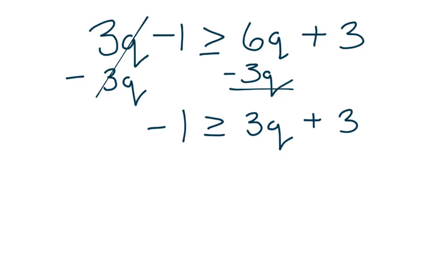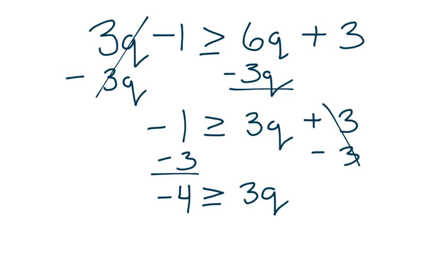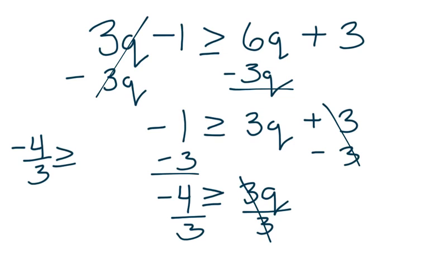All right. So now this is a two-step equation. Just subtract 3 on both sides. And I'm left with negative 4 is greater than or equal to 3q. I'm going to divide both sides by 3. The 3 cancels out, so I am left with negative 4 over 3 is greater than or equal to q.